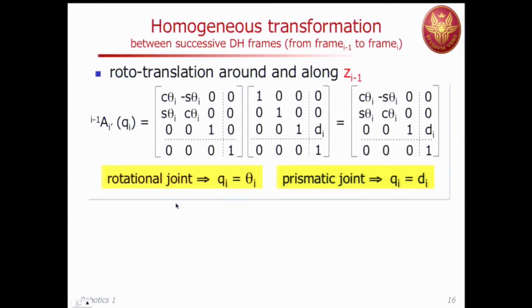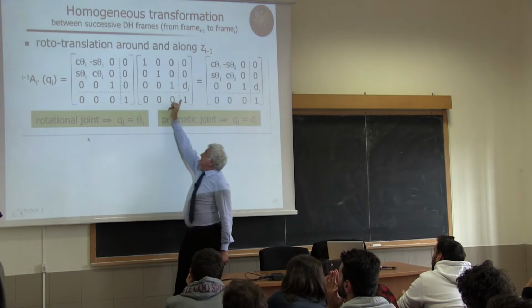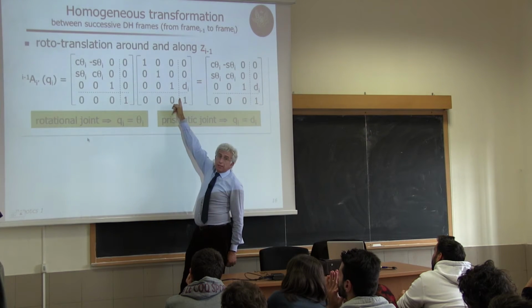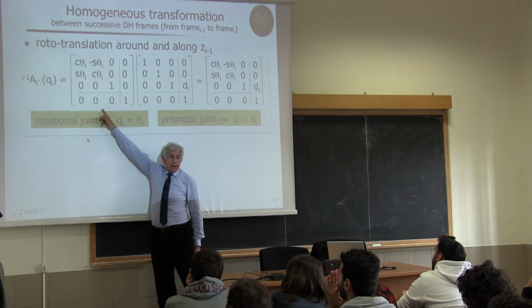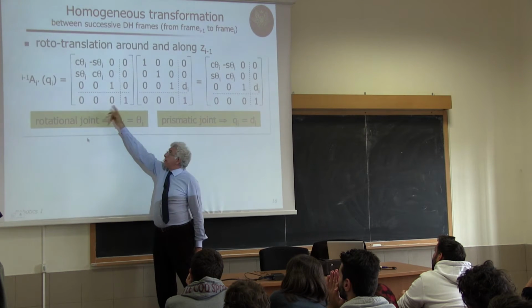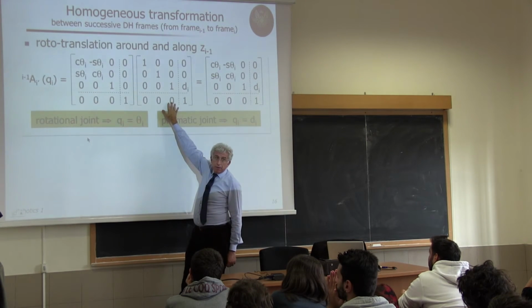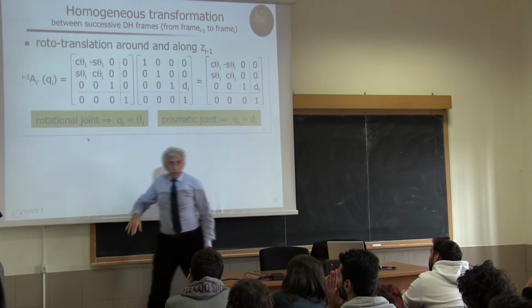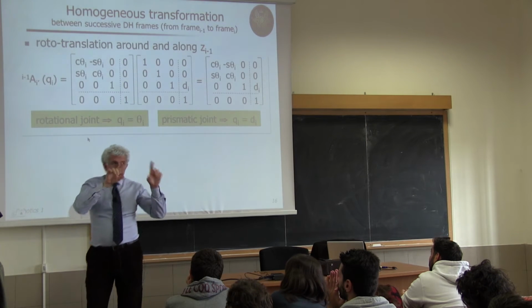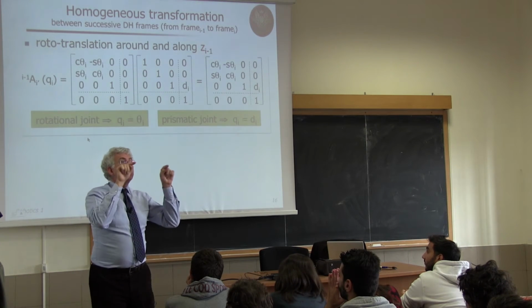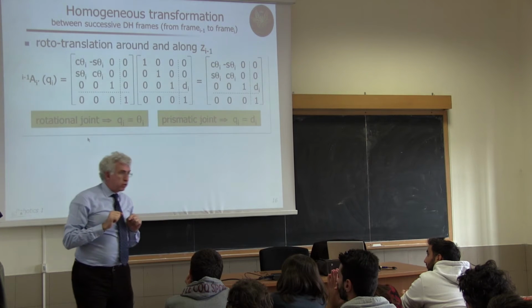By the way, before doing this, in these two products, I recognize that there's a theta and d, and I know that d is constant if the joint is revolute and theta is variable, or vice versa, if the joint is prismatic, theta is constant and d is the variable. So for each joint in this product of two matrices, there will always be a single variable that we use for the joint.